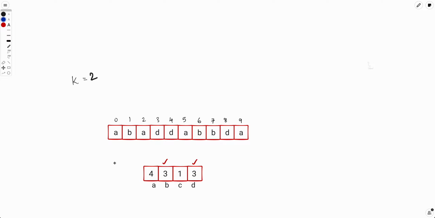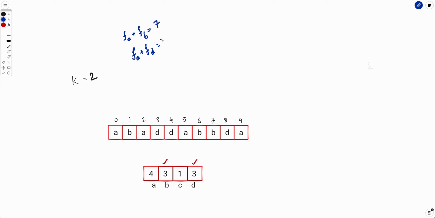So again in this particular example k is 2, so we need to pick two things from here. But in this case you can see f of a plus f of b is giving you a beauty of 7, right? Similarly f of a plus f of d is also giving you a beauty of 7.